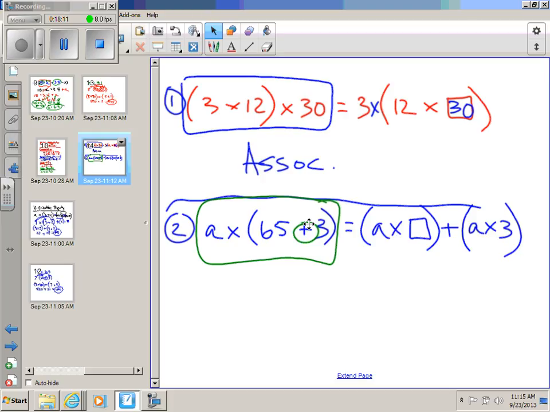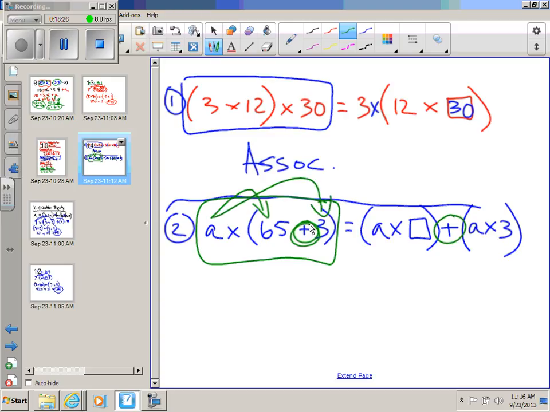Carlos. Distributive. So here, knowing what you know, the outside times the first plus the outside times the second. We have the outside times the second. We don't have the outside times the first, which would be 65 is our missing value, and that's the distributive property.